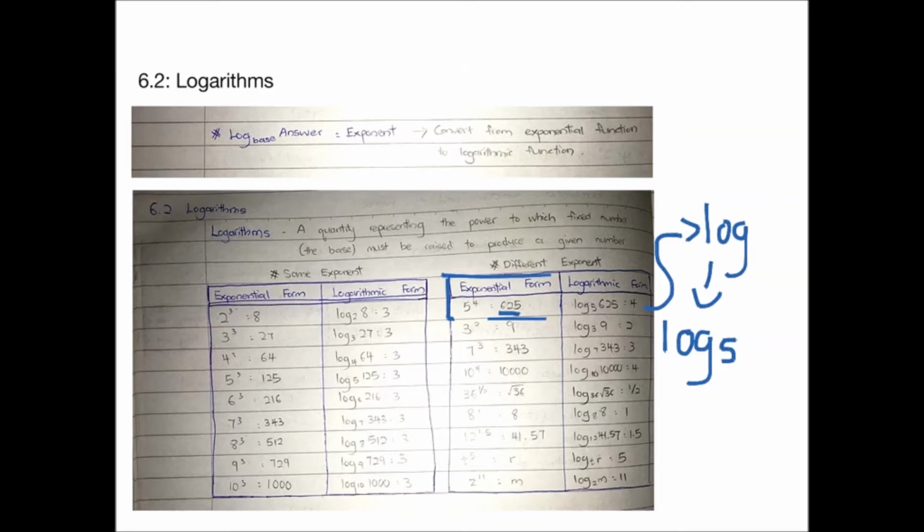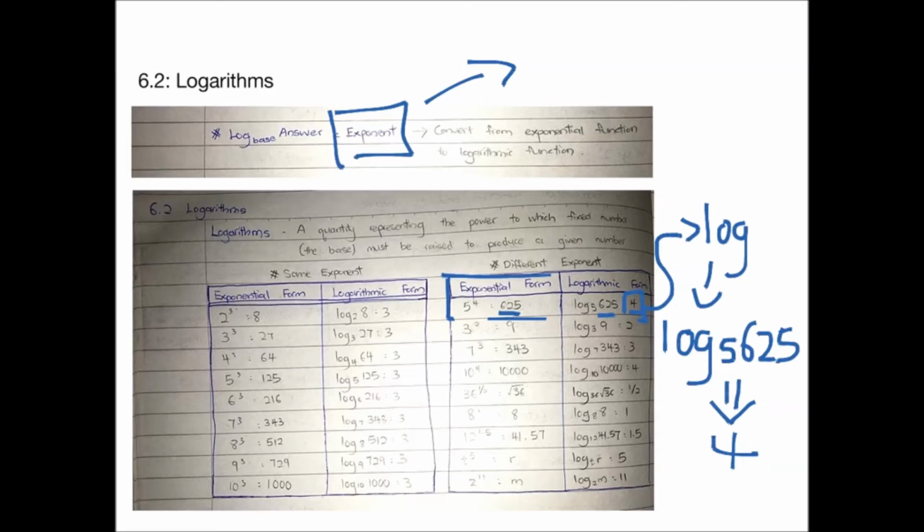The greater number is the answer from the exponential form, so it's 625. And this is equal to 4, which is the exponent from the exponential form.